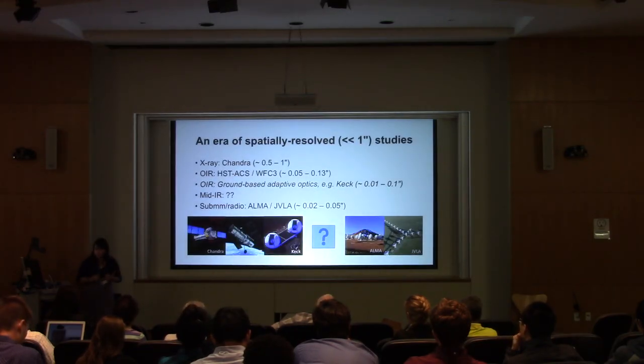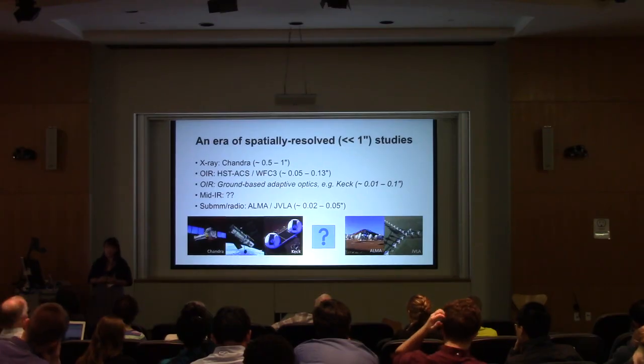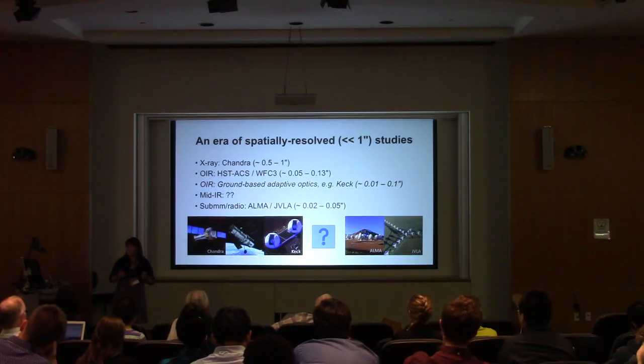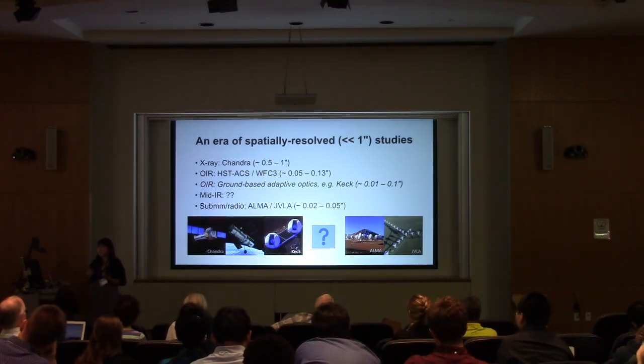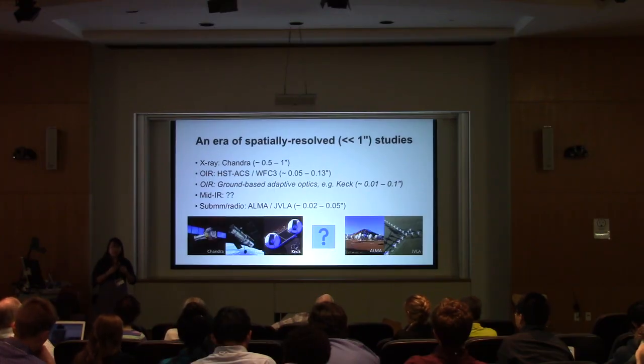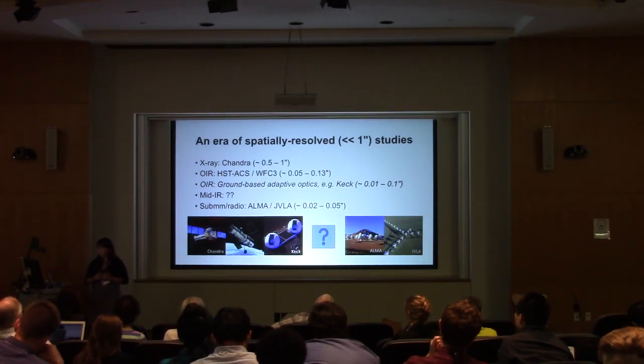So thankfully, we live in an era of spatially resolved studies where we have lots of good instruments that allow us to see into these processes in detail. So for instance, in the X-ray, Chandra has a resolution where we can a lot of times spot these dual AGN and dual supermassive black holes.